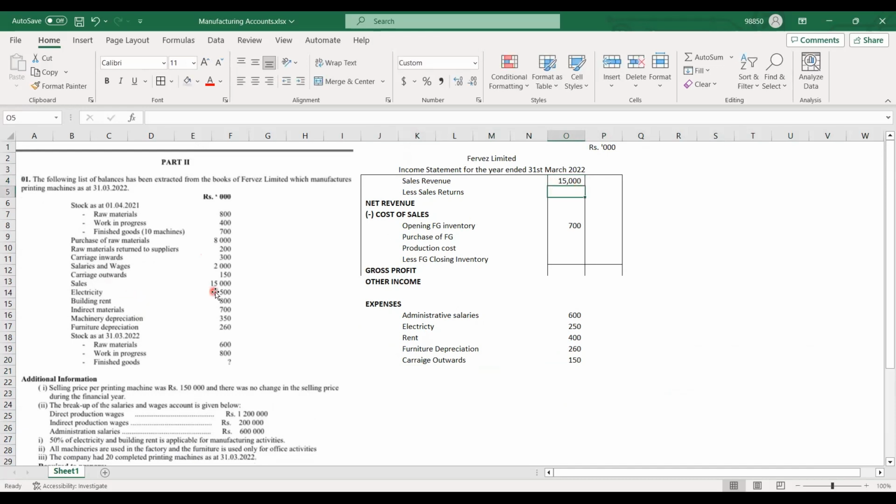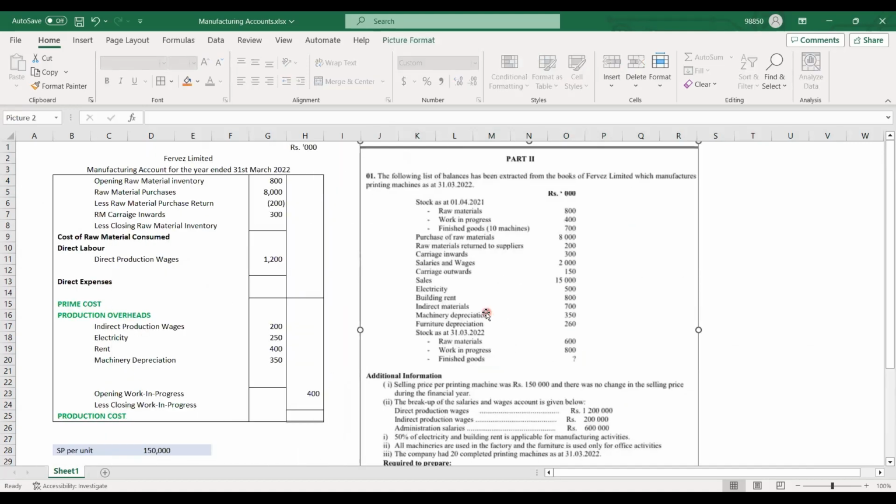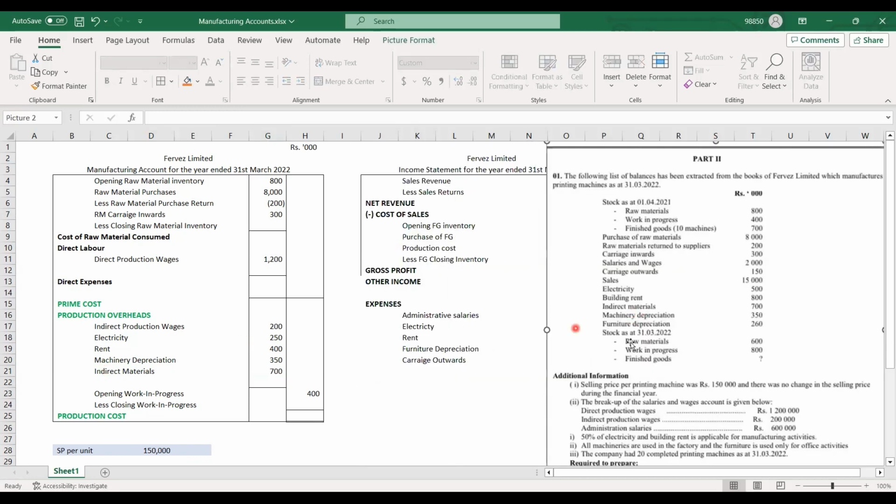And then you have electricity, which we apportion, building rent also we apportion, indirect material. So when it says material, it's a manufacturing cost. So it has to be in the manufacturing account, but it's not direct, it's indirect. So we write that under overheads. Indirect materials, 700. Machinery depreciation we already wrote down, and furniture depreciation also we wrote down.